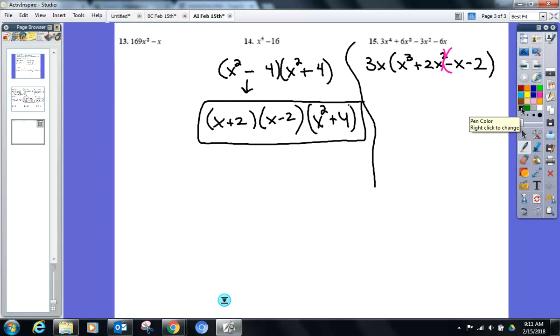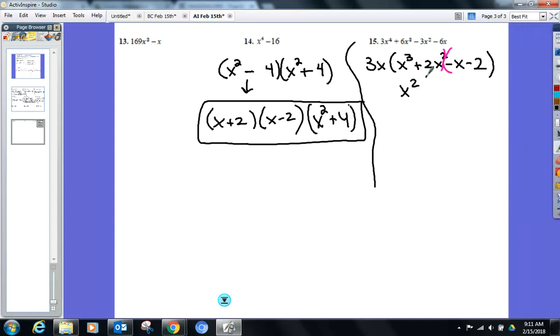What can you take out of the first grouping? x squared. And what are you going to be left with? x plus 2. Stop before you just throw something out there. Think about what you would need to take out of the next one to be left with an x plus 2. A negative 1.